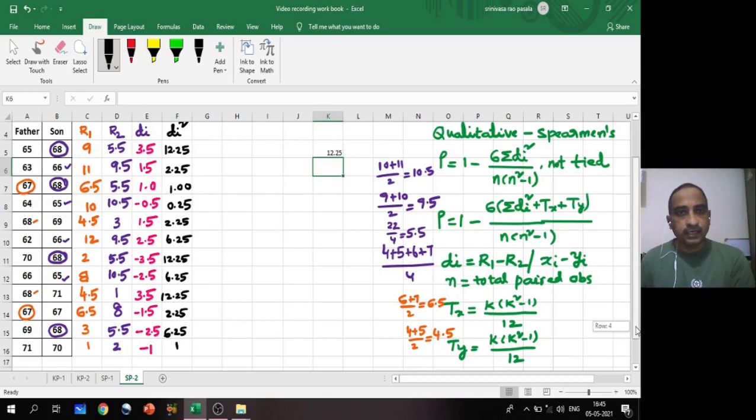The next calculation is to calculate this sum value, which is nothing but summation di square, right? So 1, 2, 3, 4, 5, 6, 7, 8, 9, 10. 2.5 plus 2.5 means this is 5.0, 5 plus 6 is 9, 9 plus 2 is 11, 11 plus 2 is 13, 13 plus 6 is 19, 19 plus 2 is 21, 21 plus 6 is 27, 27 plus 2 is 29, 29 plus 1 is 30, 32.